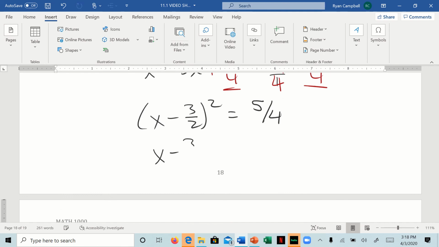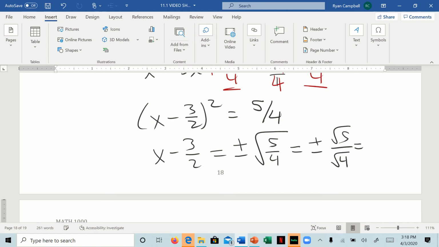So when we take the square root method, we see that it's plus or minus the square root of 5/4. We can break that up into the square root of 5 over the square root of 4. Since we already said the square root of 4 was 2, and you can't break up 5 anymore, that's plus or minus the square root of 5 over 2.